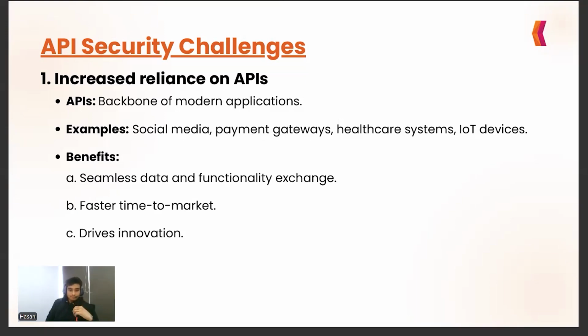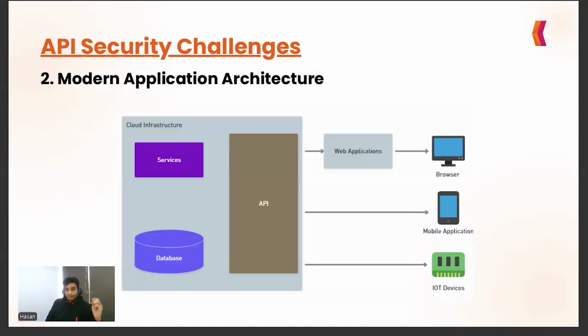So now let us look at the architecture of today's application. Can you go to the next slide, please? So this is the common architecture of an application which we are building today, whether it is a web application or a mobile application. You can see that here the API is the gateway for accessing the services which we are exposing to the application.